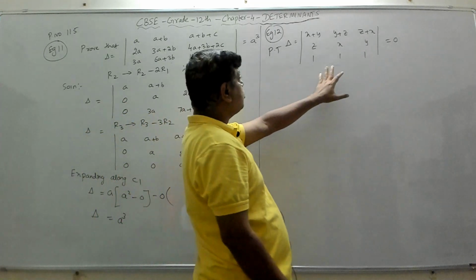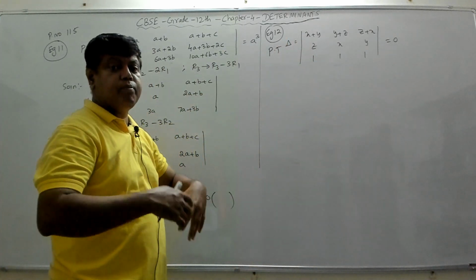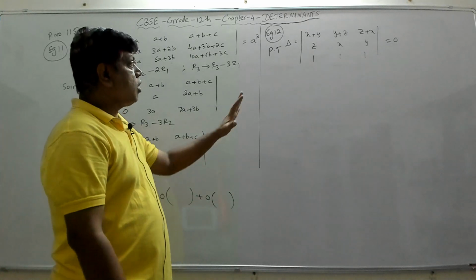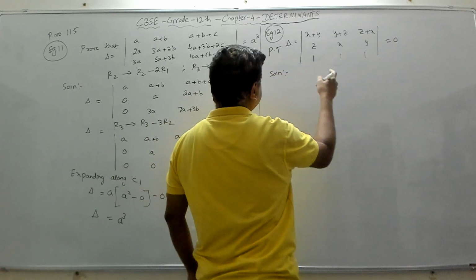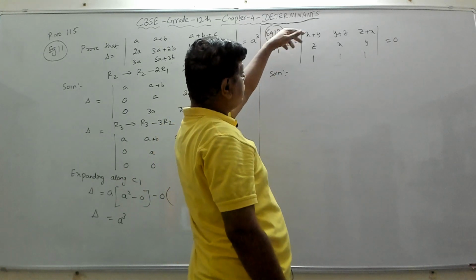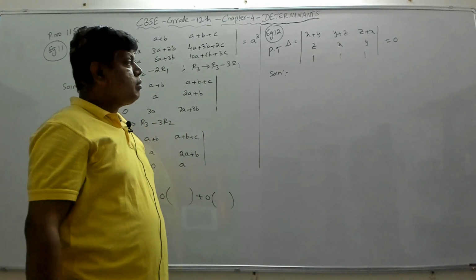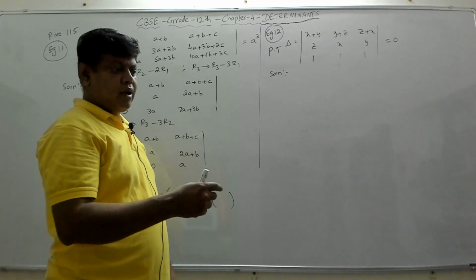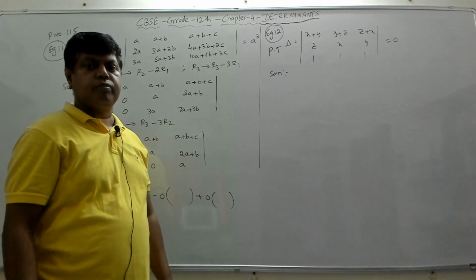Are they already identical? No, none of them. No two rows are equal, no two columns are equal. But can we make them equal by applying any of the row operations? If we cannot make any two rows or any two columns the same, can we make one more row or column having the same elements throughout?